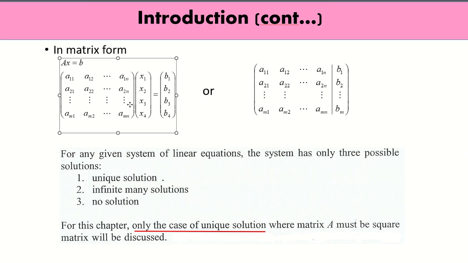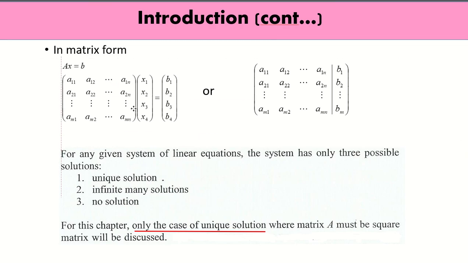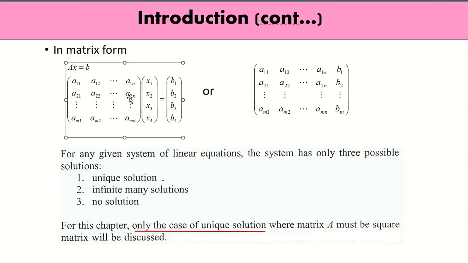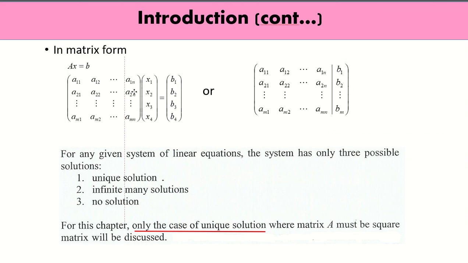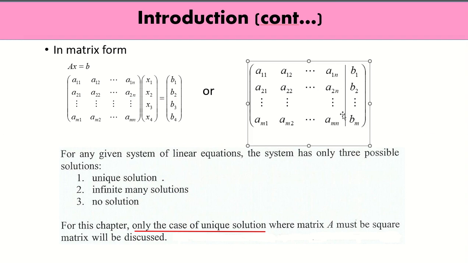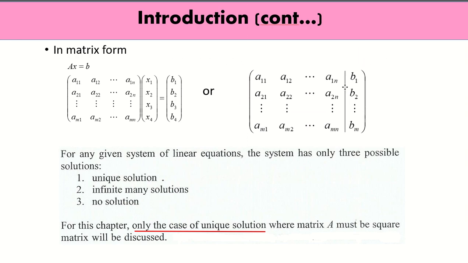You can see here how we represent the 3 equations, or more than 3 equations. We can represent them in matrix form. To speed up and simplify the representation, we just use one line to represent S1, S2, S3. You don't need to list out each of them. You can just use one very big bracket, as you can see here.